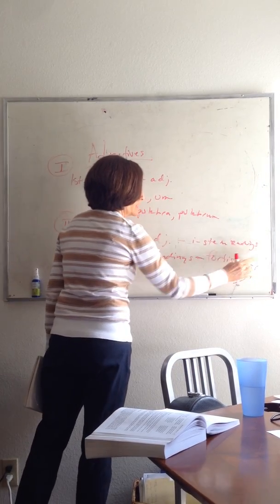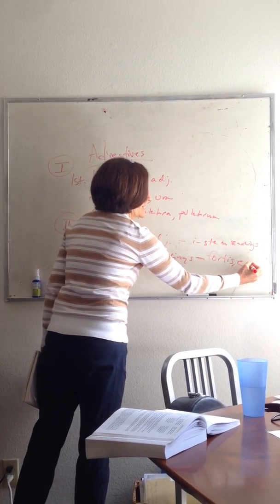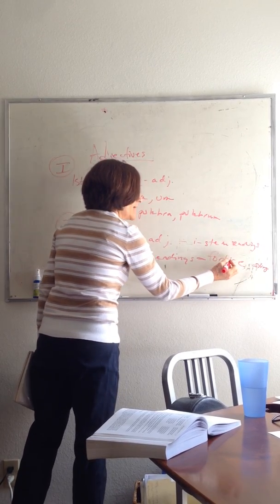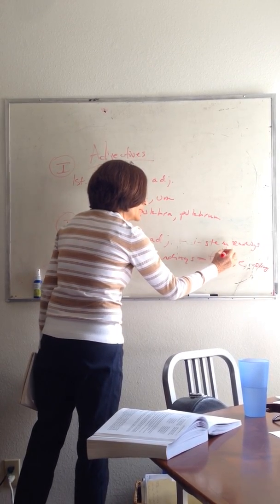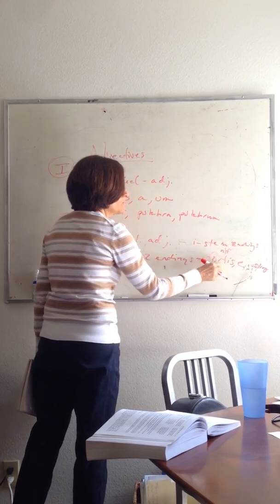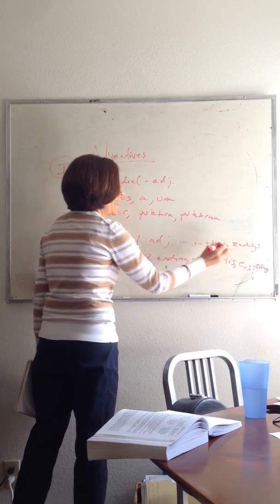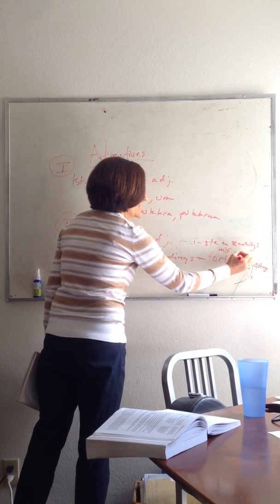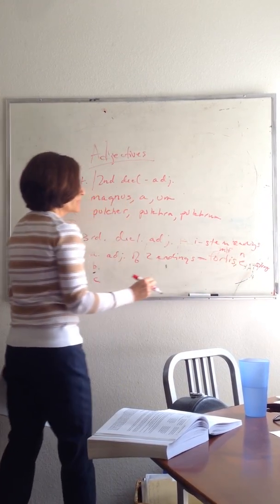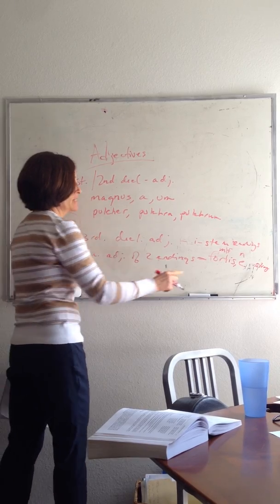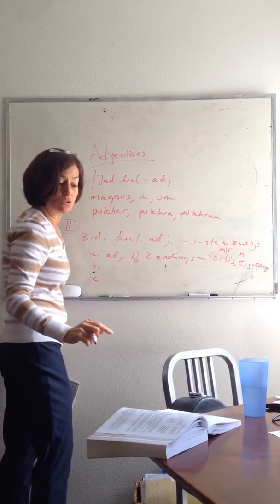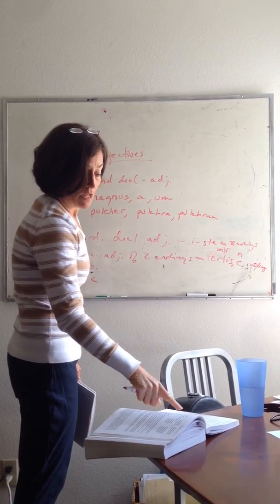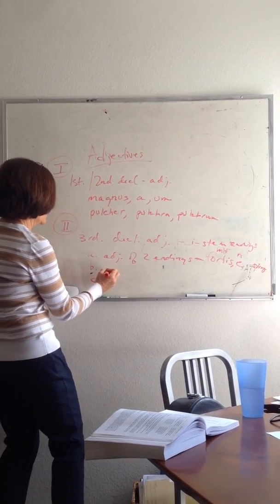So one, there's no gender listed. Two, you see the translation is strong, which of course you know is an adjective. And then how you look at this is fortis is the form you use for masculine and feminine nominative, and forte is the form you use for neuter nominative. And then if you need any other case or number, just like they have listed there, it's just third declension I-stem.